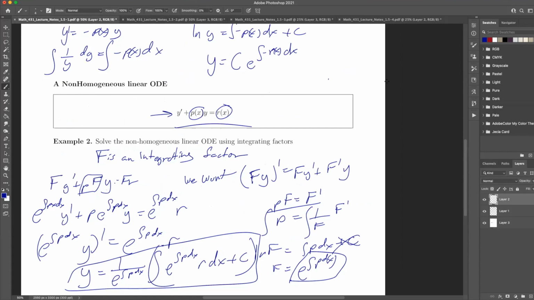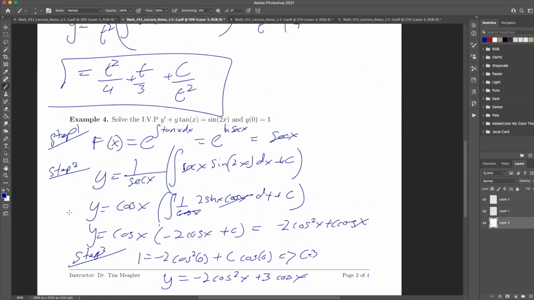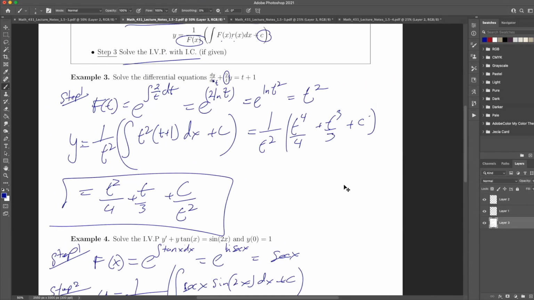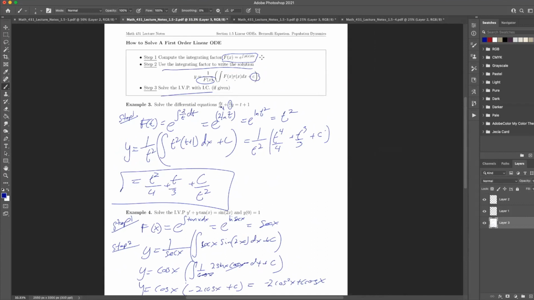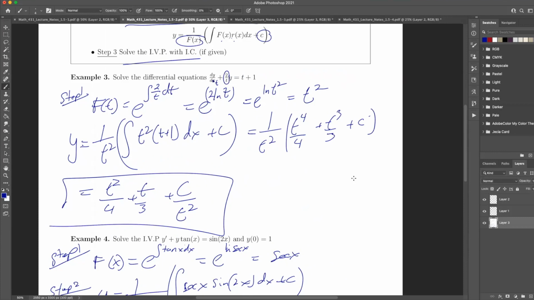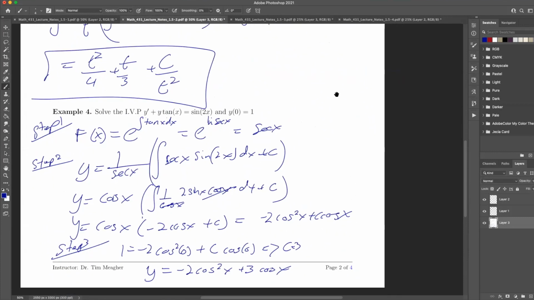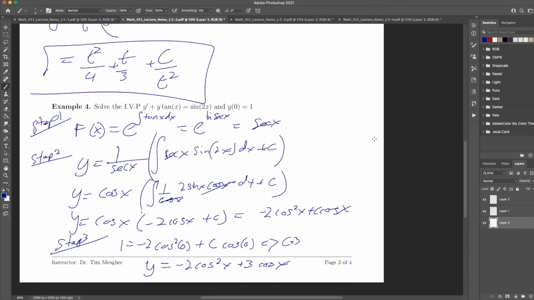You just do this and you pump out an answer, you're done. If it's non-homogeneous, you just follow this right here. You calculate what this is, and then you just crunch it through. And so what makes this wonderful for engineers is it's very formulaic, right? Just crunch numbers. That's it.